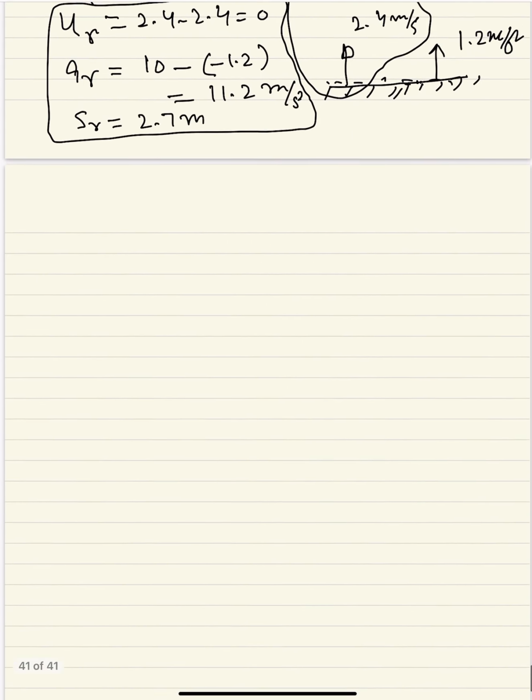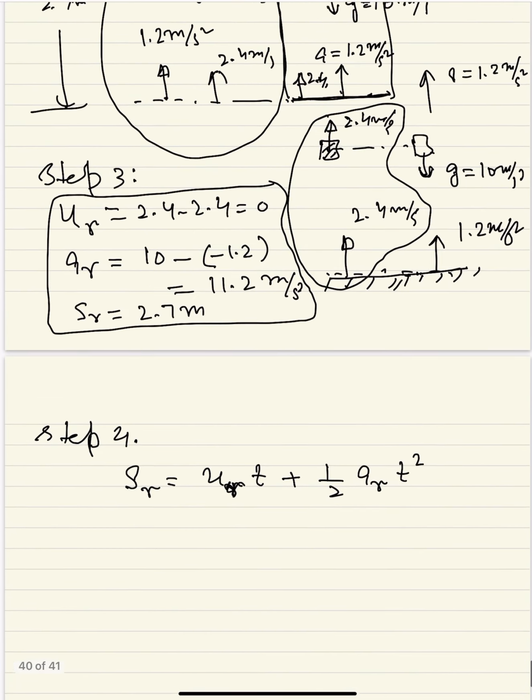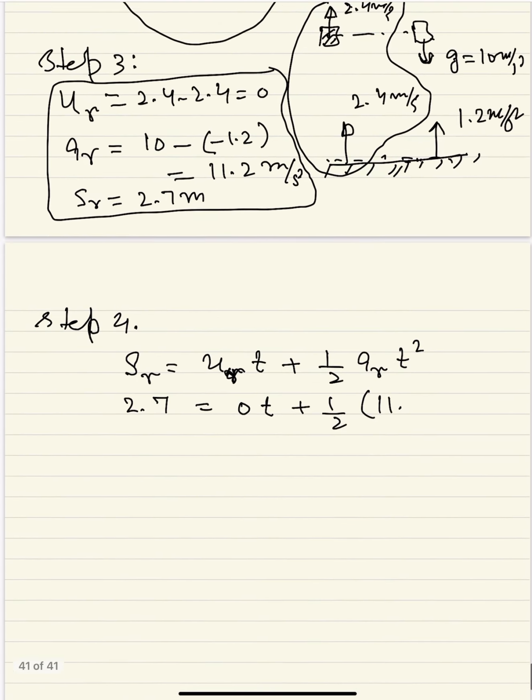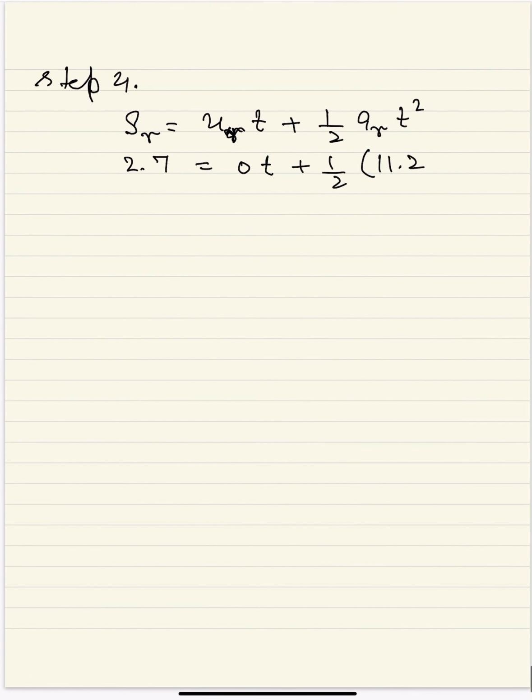Now let me use the formula, that is step 4. S or relative distance is equal to initial relative velocity into time plus 1 by 2 relative acceleration t square. Now relative distance is 2.7 meters, the relative velocity is 0 into t plus 1 by 2 into relative acceleration, that is 11.2, t square.